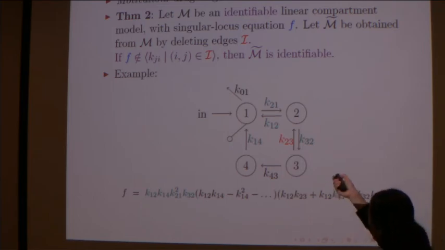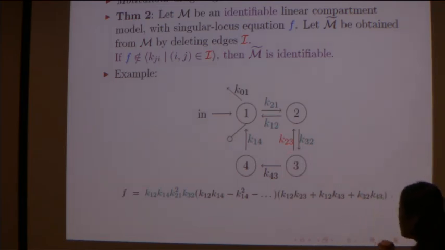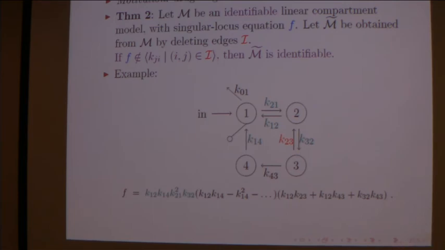So what this theorem tells me is that I'm allowed to remove this edge and still keep an identifiable model. From the biological point of view, maybe this edge can be targeted by a drug and turned off, so the drug can no longer go from this organ to this organ. But you would want to know whether the resulting model is still identifiable. Can I still identify parameters so that I can understand how my drug works?